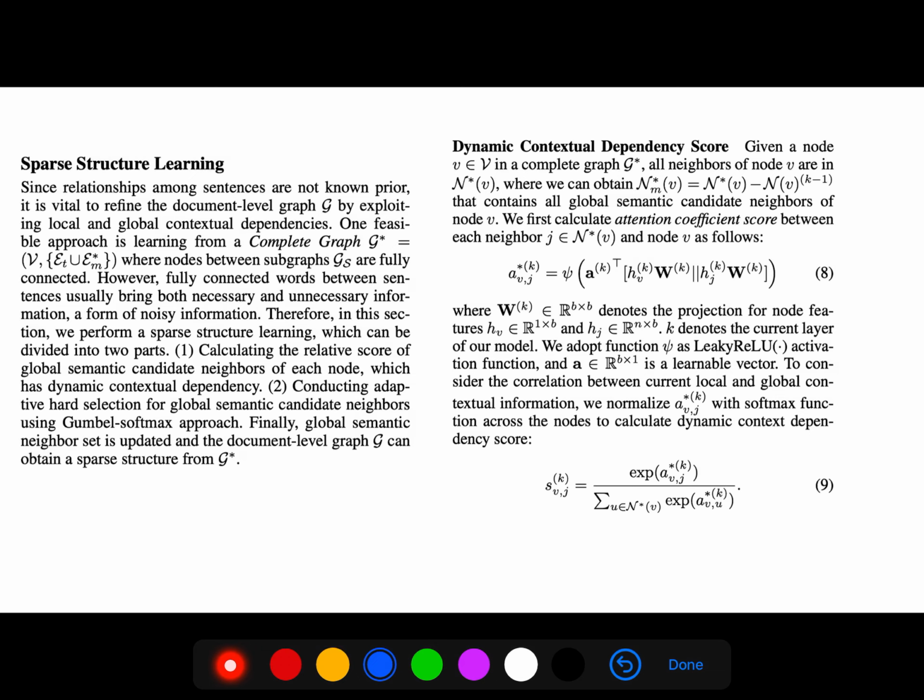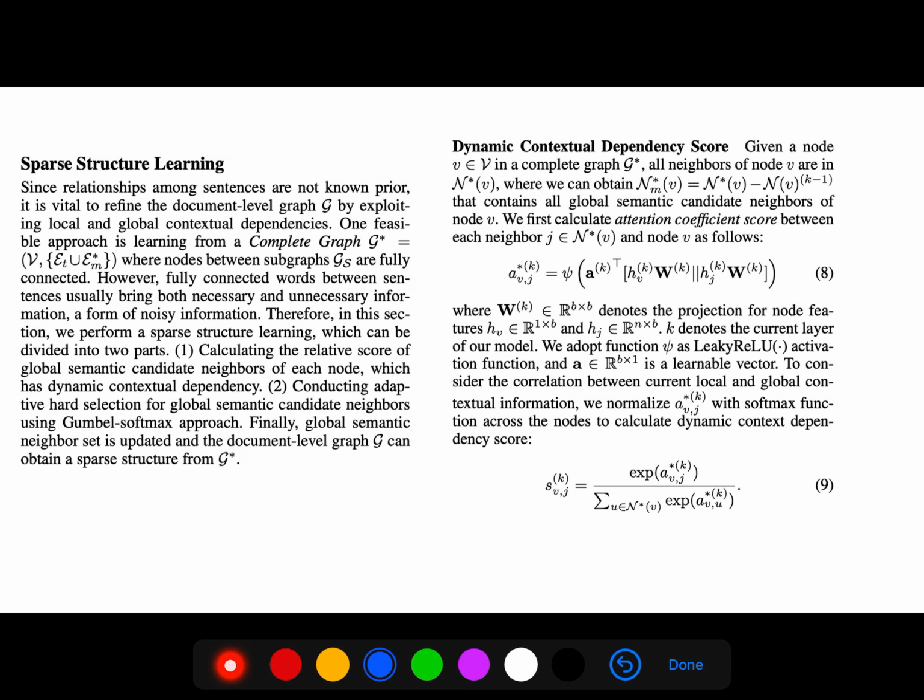However, fully connected words between sentences usually bring both necessary and unnecessary information, a form of noisy information. Therefore, in this section, we perform a sparse structured learning, which can be divided into two parts: calculating the relative score of global semantic candidate neighbors of each node, which is the dynamic contextual representation.